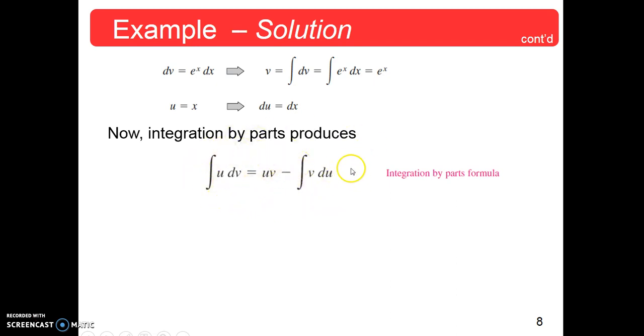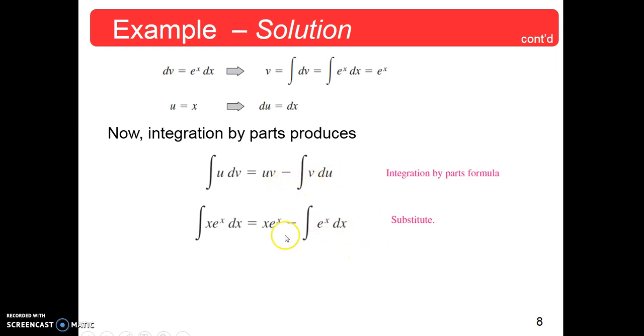This probably just has to be memorized. So u goes here, v goes here, and du goes here. If we drop those things in, here's the integral of what I wanted to find. That's equal to uv minus the integral of v du, which comes down to this.